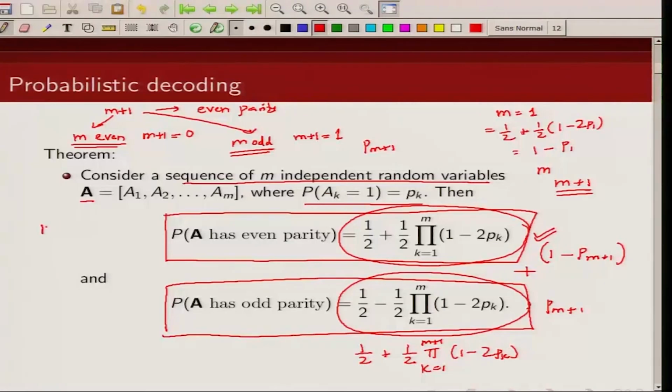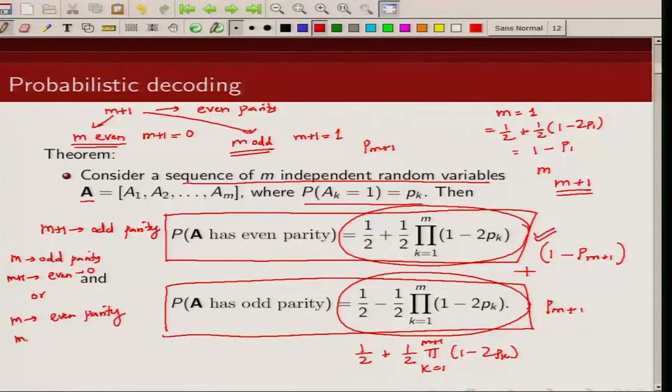Now, for m plus 1 to have odd parity, there are two ways: m has odd parity and the m plus 1 bit that we get is even parity, basically is 0, or m has even parity and the m plus 1 bit that we get is actually 1.